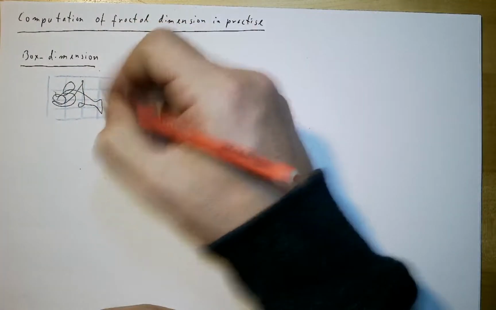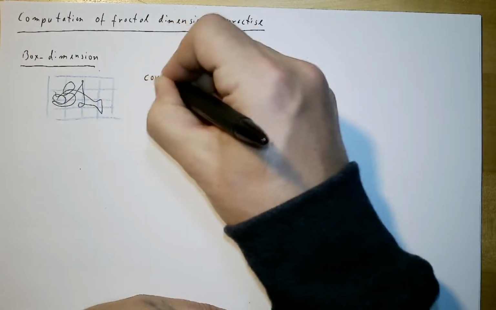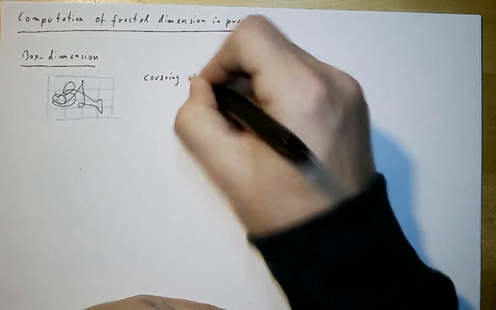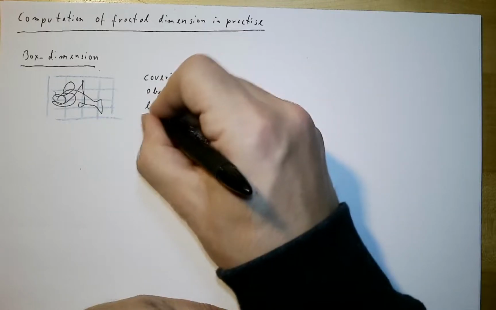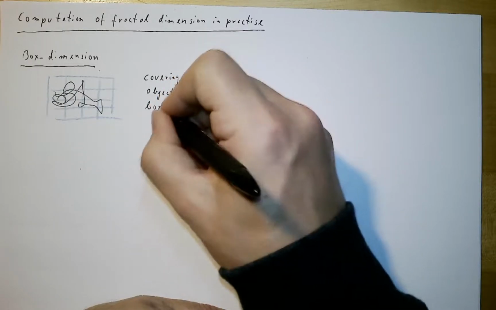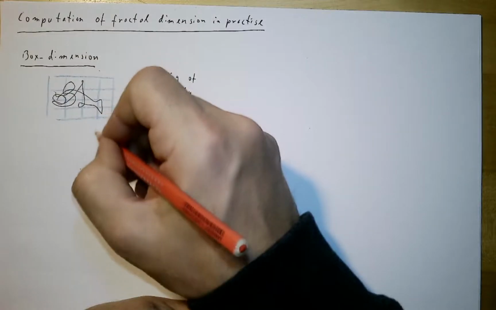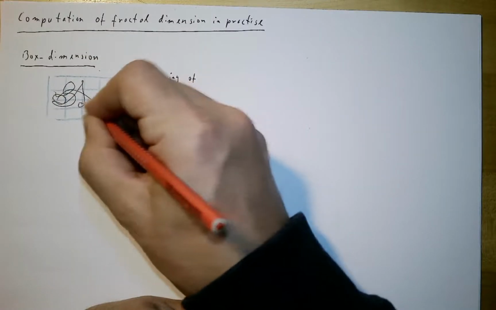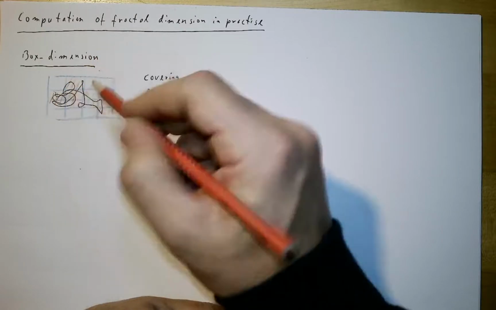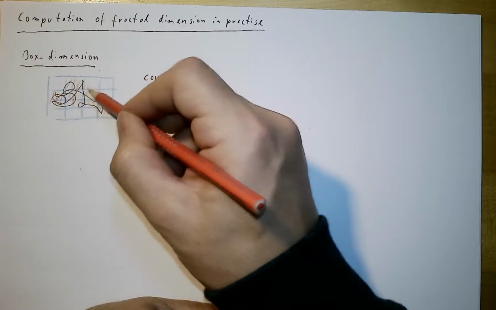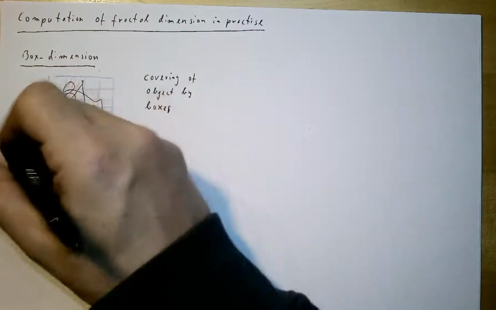So we want to make a covering of the object by boxes. This means we have to count how many boxes we need to cover the whole object, and then we would have maybe here 1, 2, 3, 4, 5, 6, 7, 8, 9 boxes at these scales.